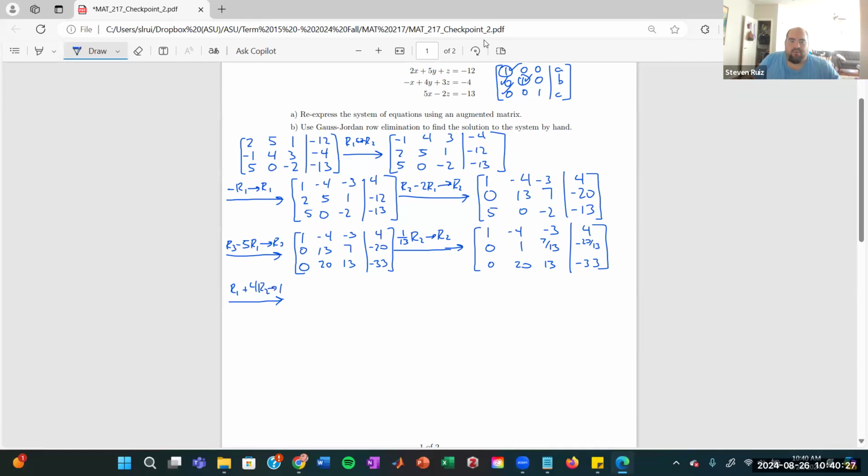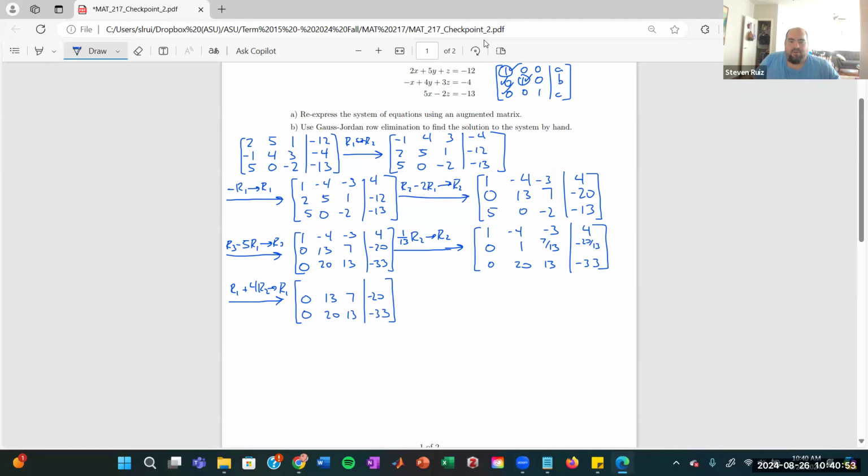And I'm going to put that back in row 1. So what'll that give me? So again, let's just copy down the rows that aren't being manipulated.